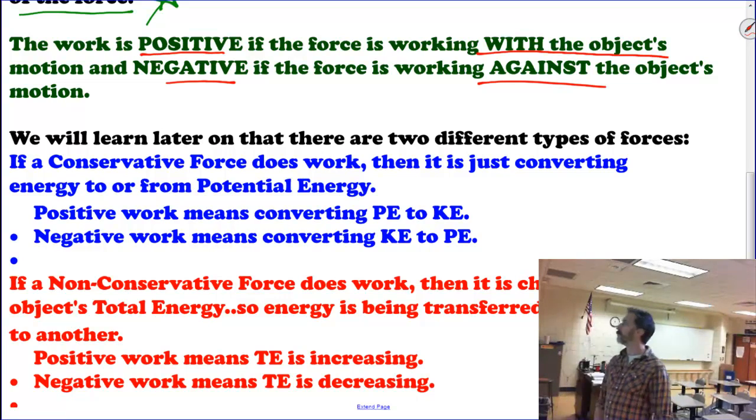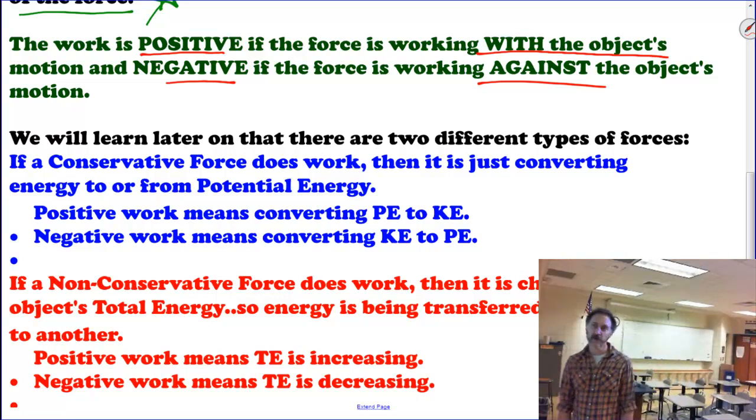Now, later in this chapter, we will learn that there are two different types of forces. Somehow my bullets have gotten a little mixed up here on the screen. There are what are called conservative forces, and basically all conservative forces do is convert energy either to or from potential energy.